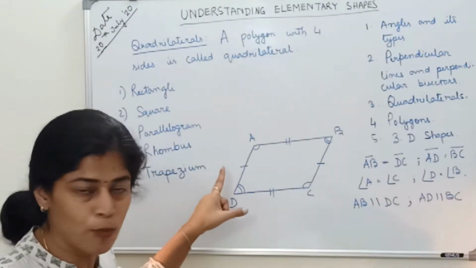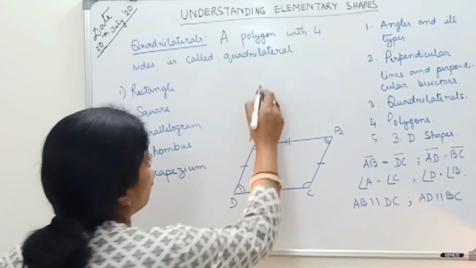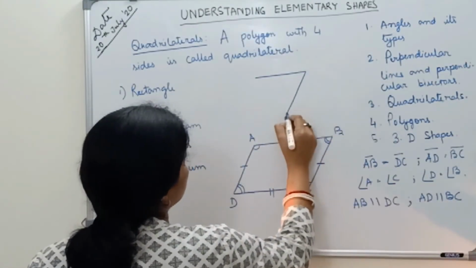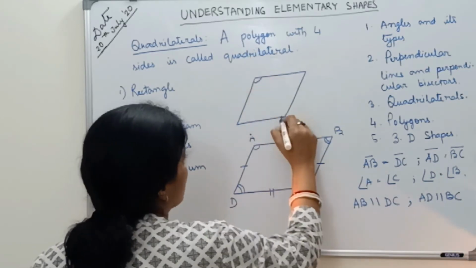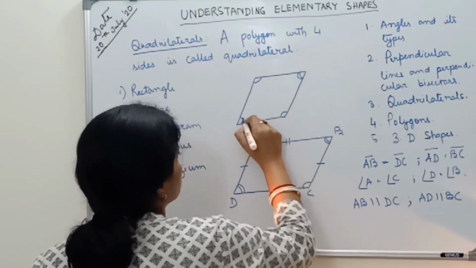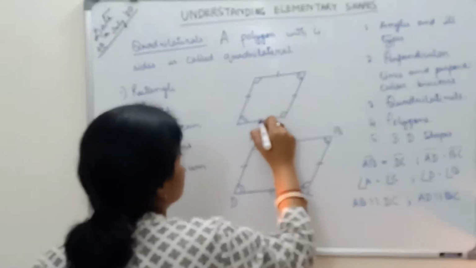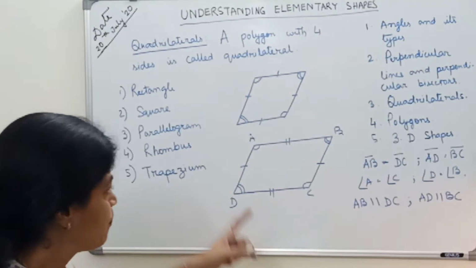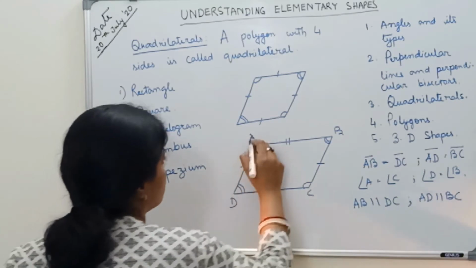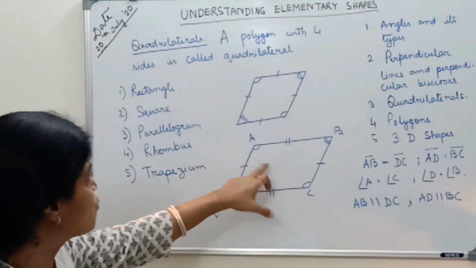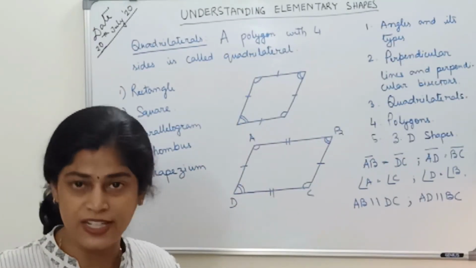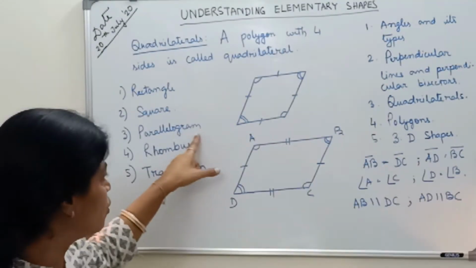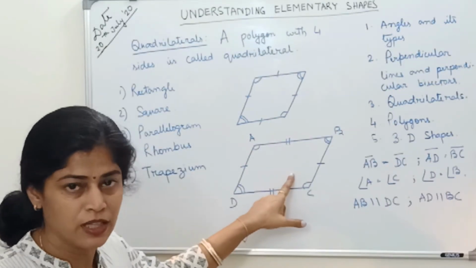Now what is the difference between a parallelogram and a rhombus? Rhombus is all the sides should be of equal length, and here also opposite angles are equal. So you understood? If I say what is the difference between a rectangle and a parallelogram? In a rectangle all the angles should be 90 degree, and in a parallelogram opposite angles must be equal.